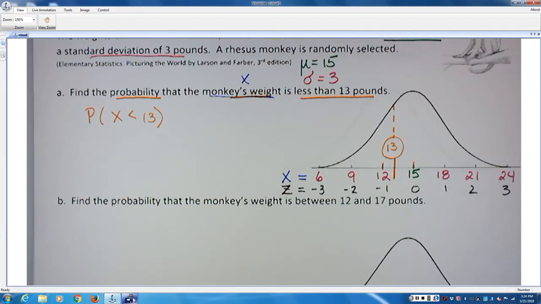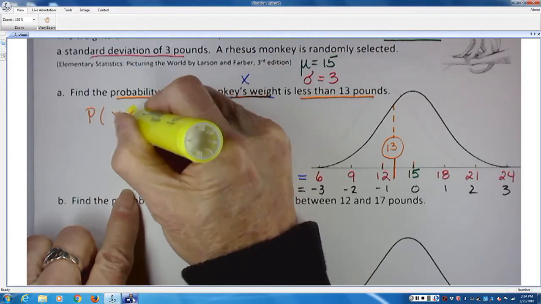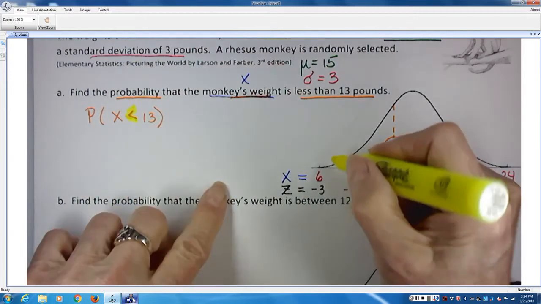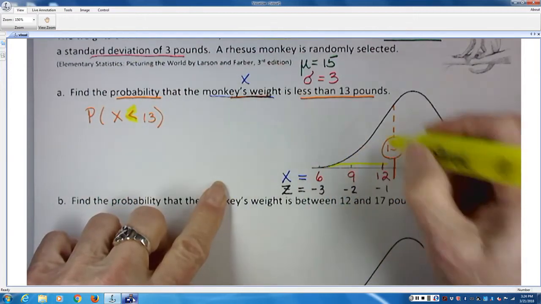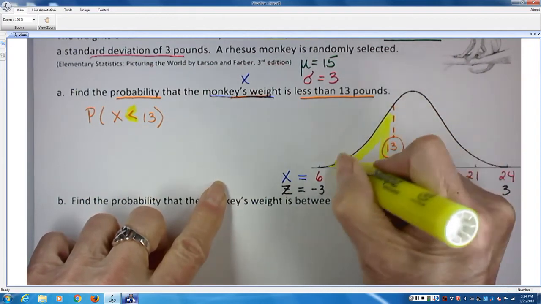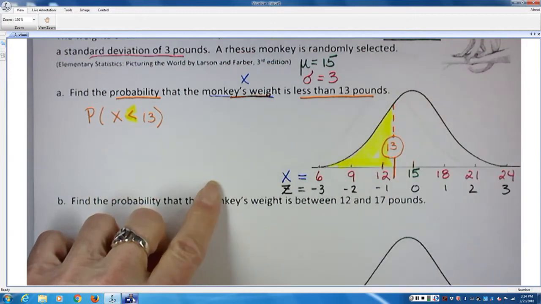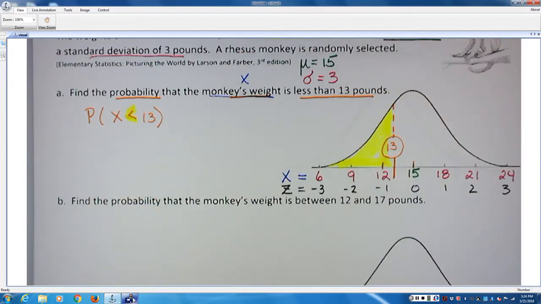And we're finding the probability that the monkey weighs less than that. We're going to be going to the left of 13. And that would be the yellow area that I shaded in under the curve.